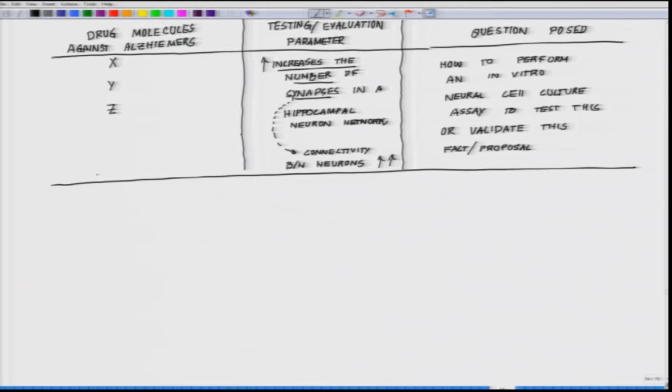Our approach now comes, now change the color. I am now systematically putting it in front of you. So, we needed a hippocampal neuronal network. This is all in vitro, so we do not have to worry about the animal studies at this time.